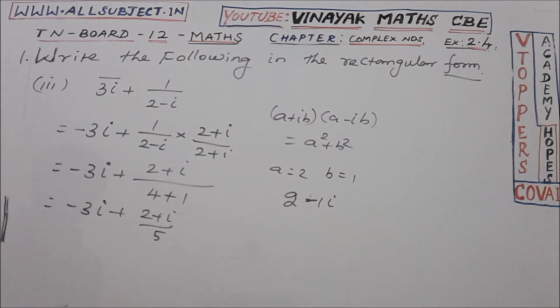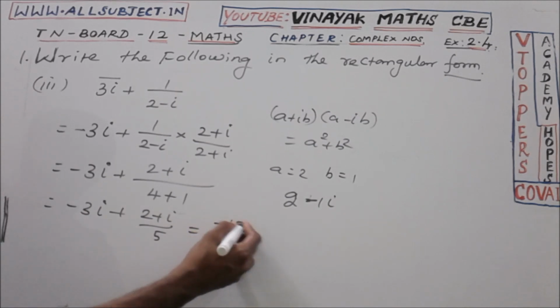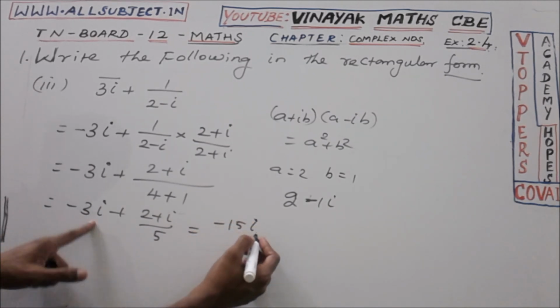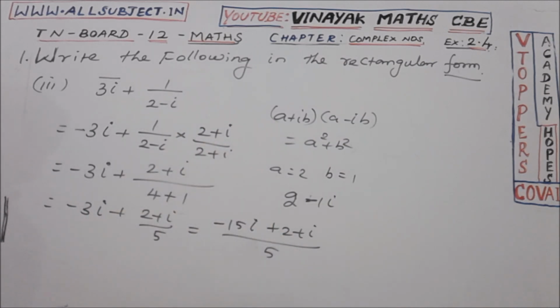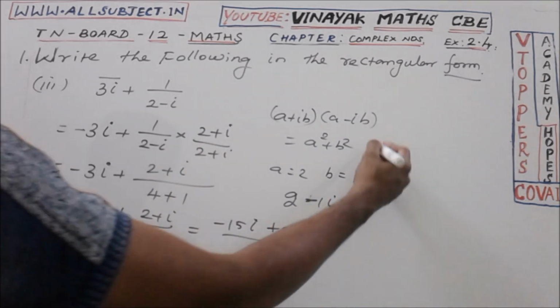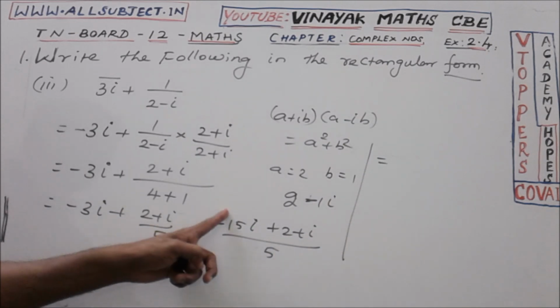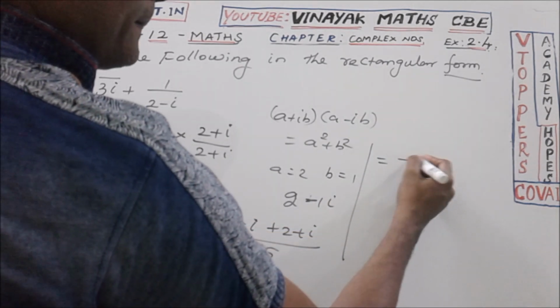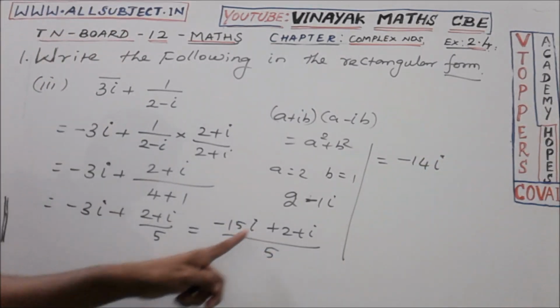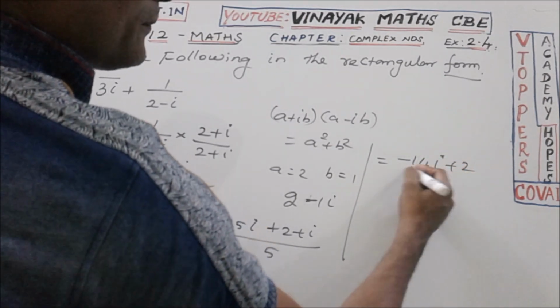Here just cross multiply, we will have minus 15i plus 2 plus i divided by 5, which is equal to minus 15i plus i is minus 14i, and plus 2 divided by 5.